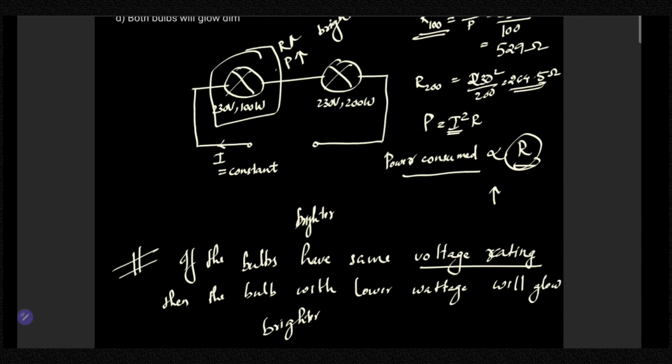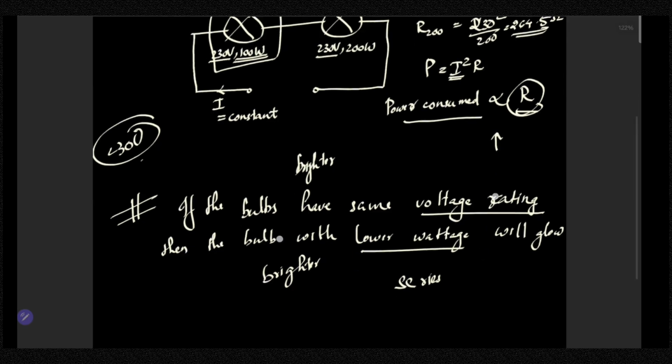When you're given two or more bulbs with the same voltage rating, here the voltage rating is the same, 230 volt, then the bulb with the lower wattage will be glowing brighter. This only happens in a series connection. For a parallel connection, it is different.